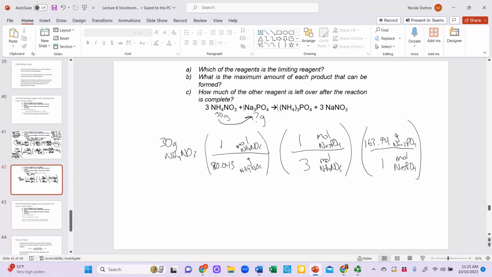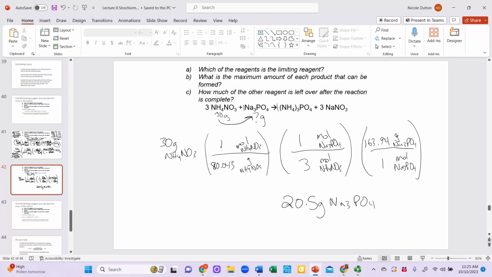So we have 30 times 163.94 divided by the bottom, and we end up with 20.5 of Na3PO4 can be produced by 30 grams of that limiting reactant.